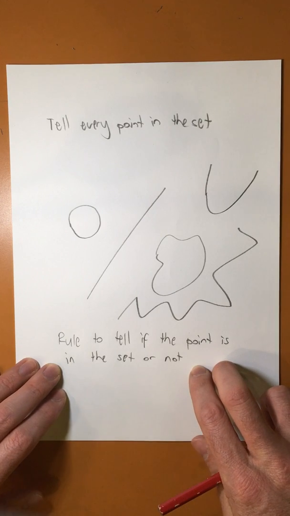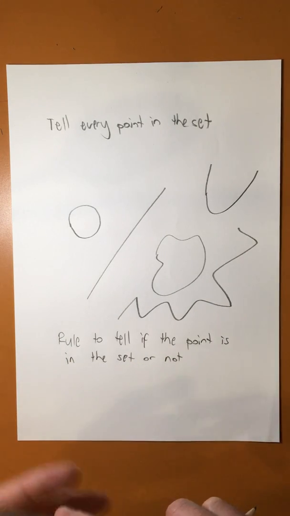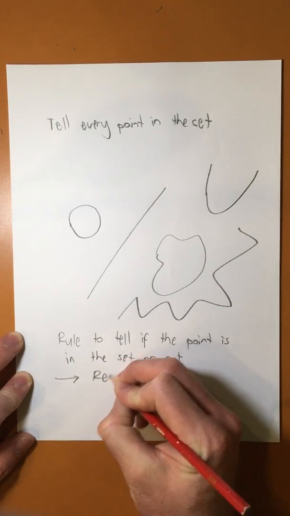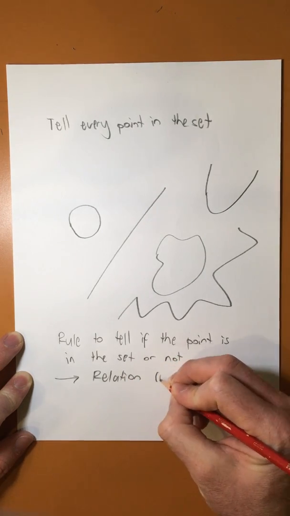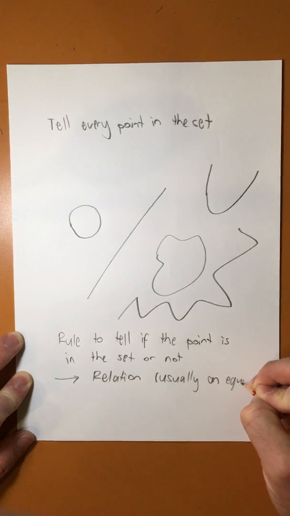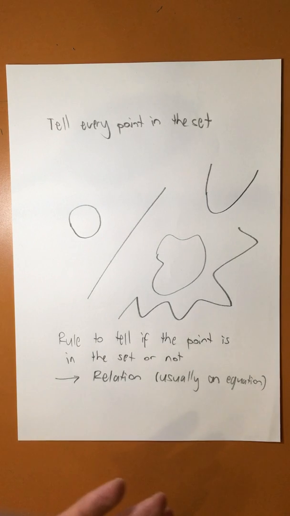And this one is when you have some sort of relation between the coordinates of the point that tells you whether it's in the set. And that's usually in the form of an equation. So if the coordinates are related in the right way, then they're in the set.